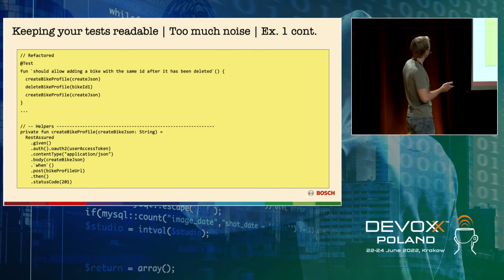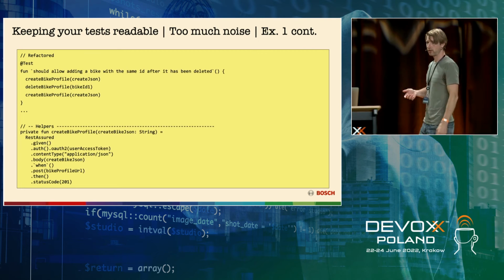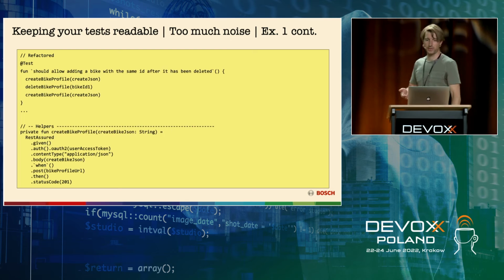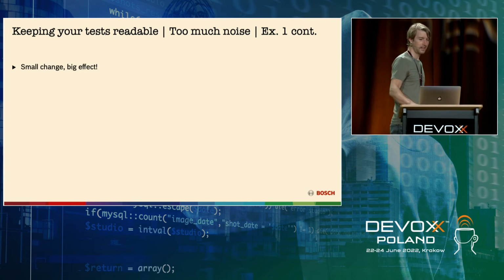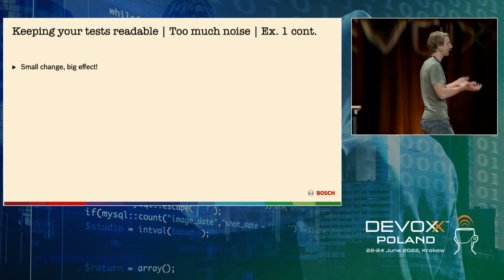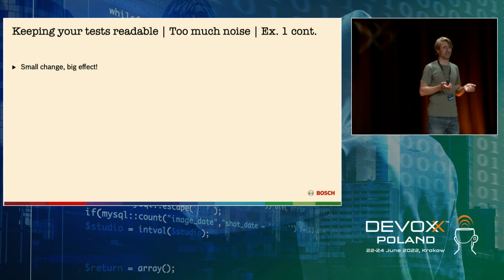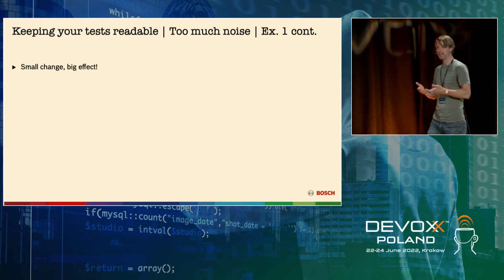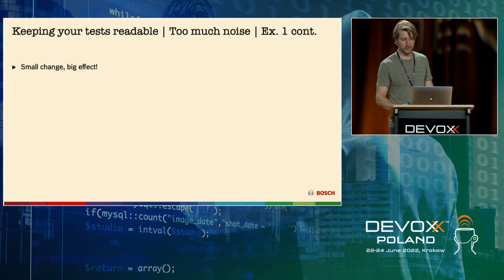We create a bike, we delete a bike, and create it again, and just see if that works. So this is way easier to read, and it is very easy to do, but it's surprising, and that's why I'm showing these examples from our project. It's surprising that so few people take advantage of these simple measures to make your life easier.